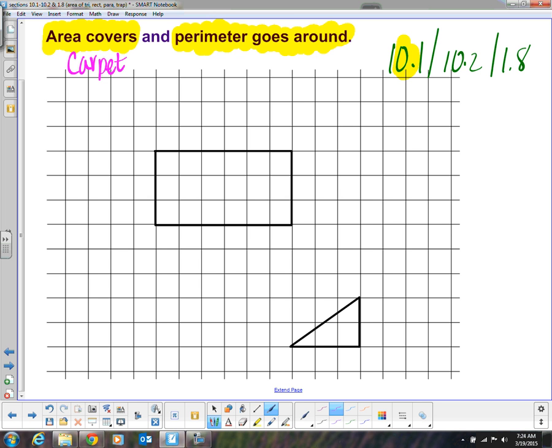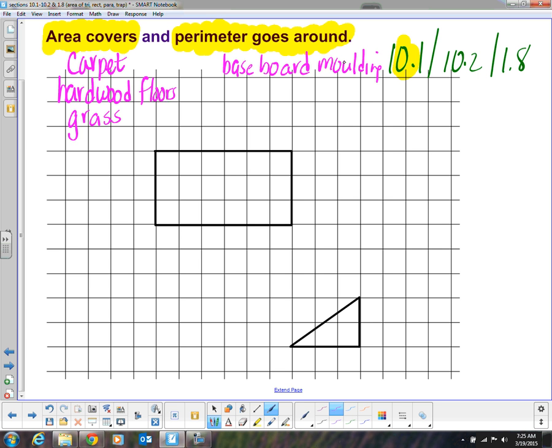Carpet. Hardwood floors. Grass, I think would help you. Perimeter would be, do you know what baseboard molding is? Okay, so I want you to look at this black stuff that's on the wall and rests on the carpet.